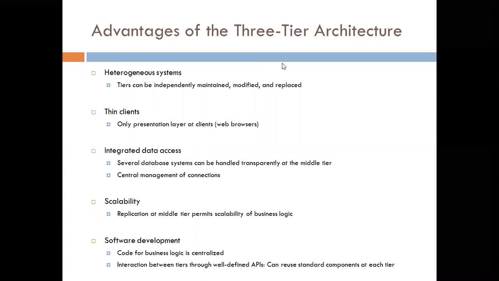Technology in that particular tier can be changed irrespective of changing the other two. Here the clients will be very thin, which means the presentation layer at the client is a web browser, and we don't need any updates at that particular end.